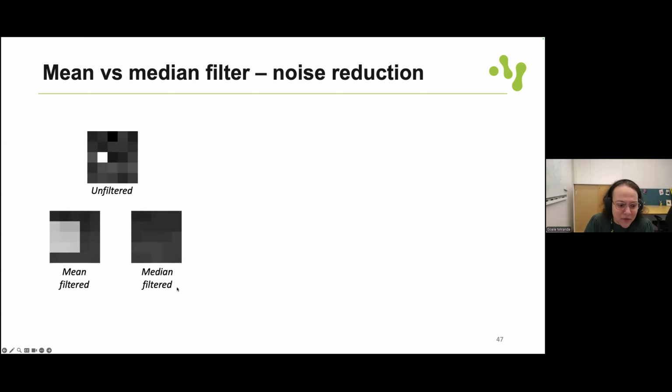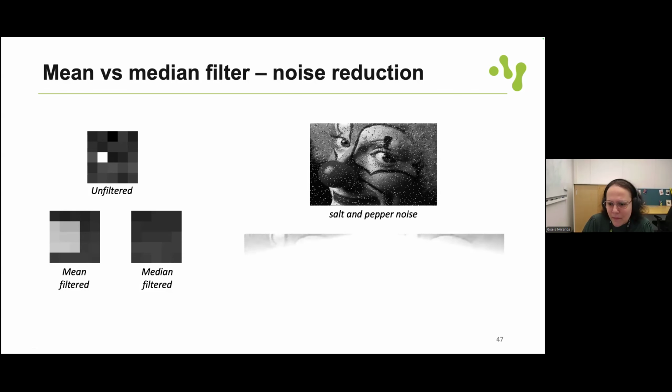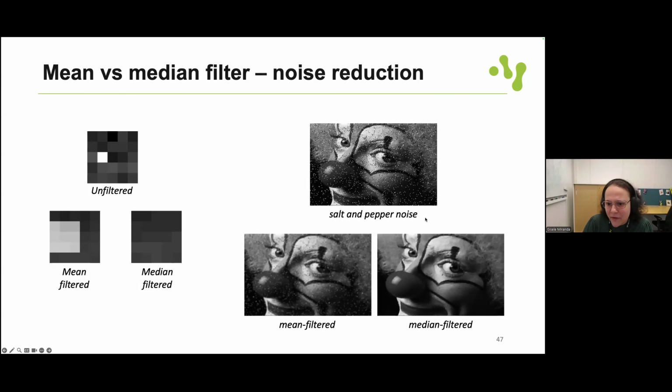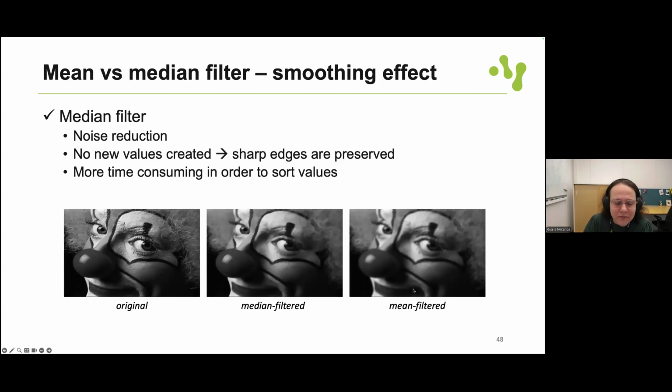But the median filter will filter out these pixels, because it is the highest value, so it won't be the median value for this region. For this specific situation, you would use the median filter.